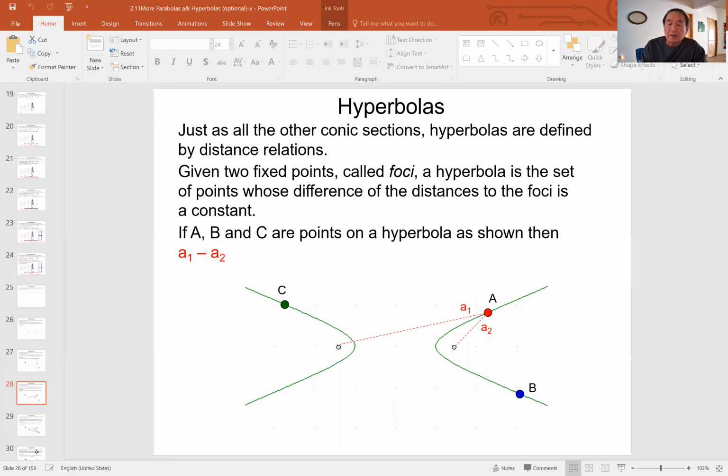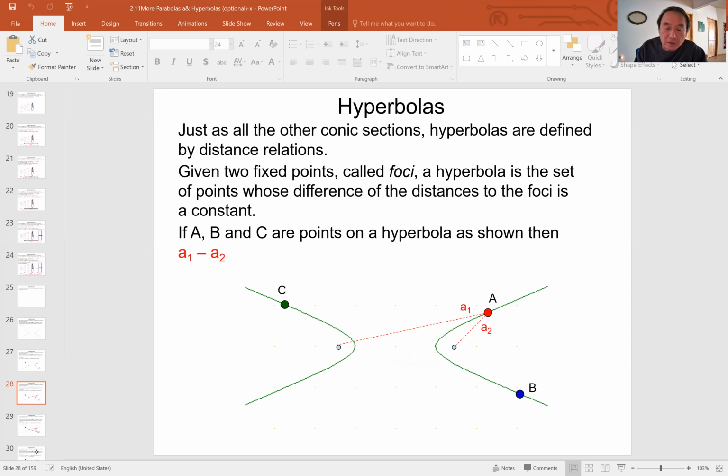I take the distance of a point to the two foci, and I subtract them. In other words, I take the difference of the two distance measurements. Remember, for ellipses it is the sum of these two distances. And in a hyperbola it is the difference of these two distances.